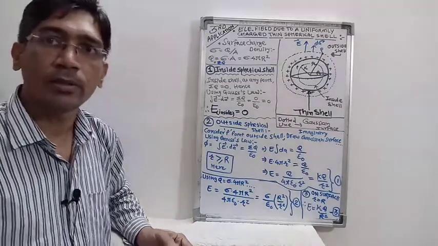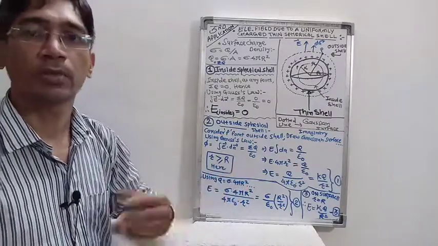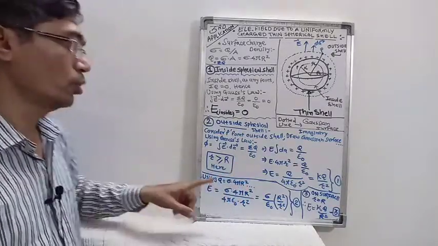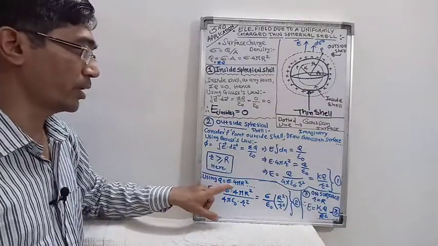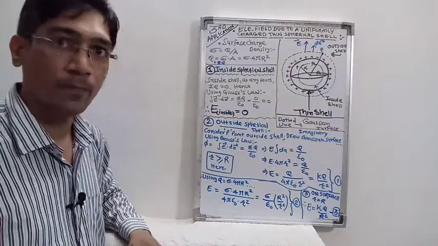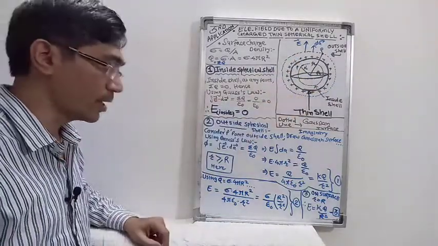So we consider the surface charge density. This equation we can represent in terms of the surface charge density. Using Q is equal to surface charge density sigma into 4 pi capital R square, where capital R is the radius of the given spherical cell.